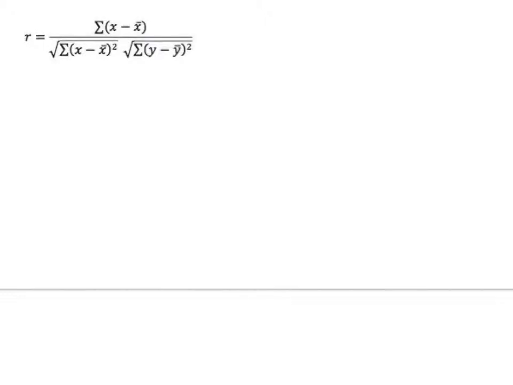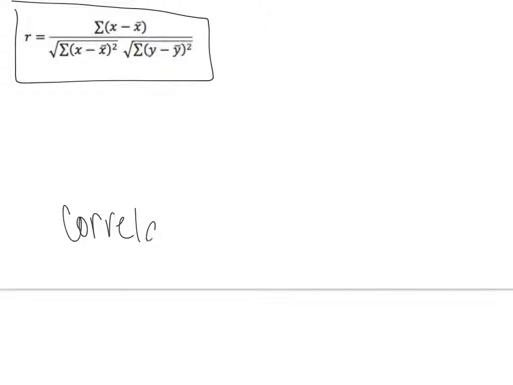First of all, this right here, I don't believe it's in your notes. Let me look really quick. Sorry, hold on. It's not, but I put it in the lesson because it is called the correlation coefficient.